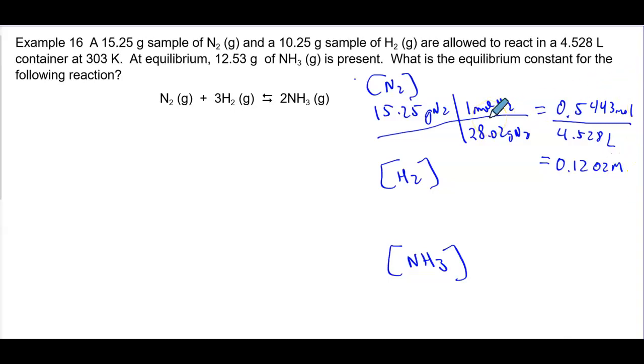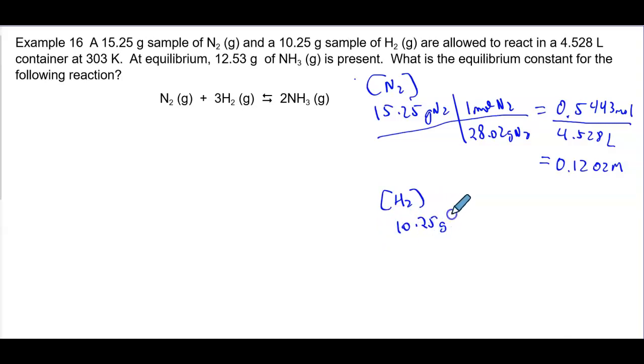I am going to move these down just for space, so pardon my fixing here. There we go. H2, we know its mass is 10.25 grams of H2. And we know from the periodic table there are 2.02 grams of H2 for every 1 mole of H2.